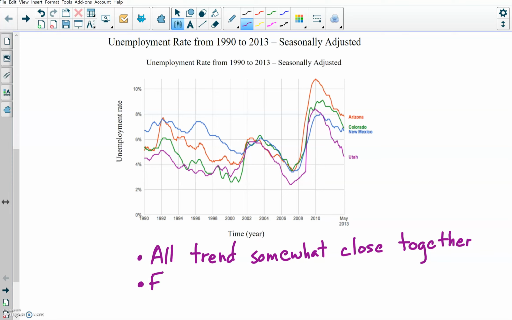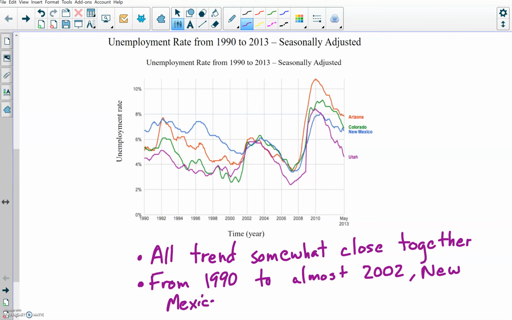So from 1990 to almost 2002, New Mexico had nearly the highest rate in all years.